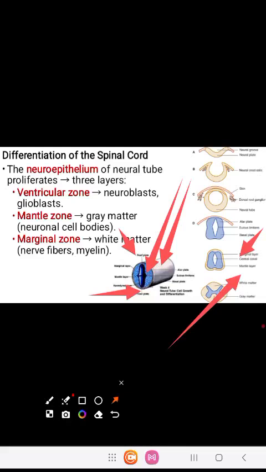These two plates are separated by a groove in the middle, which I will show you briefly. This groove is called the sulcus limitans. It divides the plate into the alar plate and the basal plate, and in the middle you have the central canal.